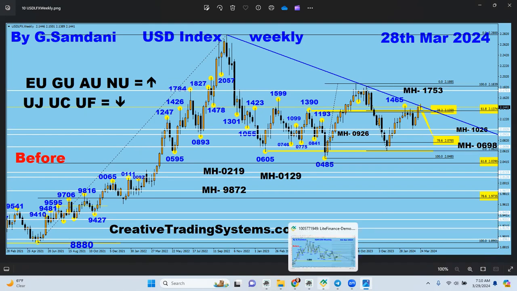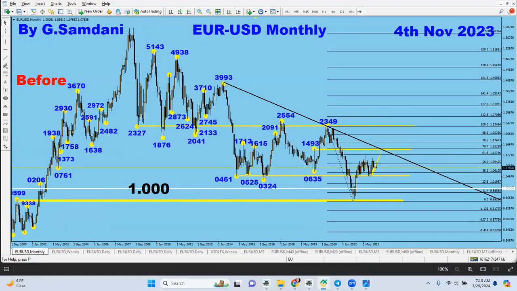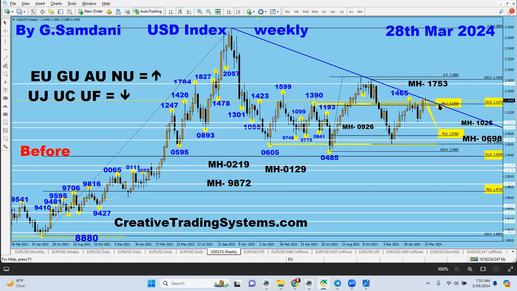And the current US dollar index chart, let me show you, the US dollar weekly chart is this. We are still staying below 1465, which is right there. So we are stuck between 1465 and 1390, even though after so many red news, USD didn't budge either side.